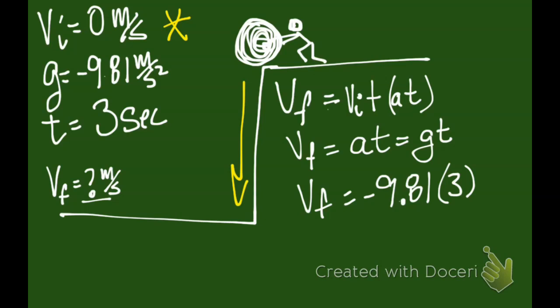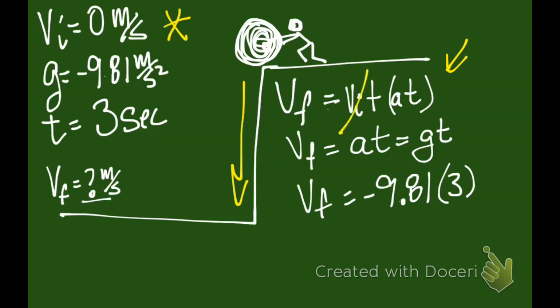It's going to be accelerated by gravity at minus 9.81 meters per second squared. It's going to fall for 3 seconds. We want to know what the final velocity is. So we go over here and we use our final velocity formula. VF is equal to VI plus A times T. And we know that VI is 0, so we can cancel that.